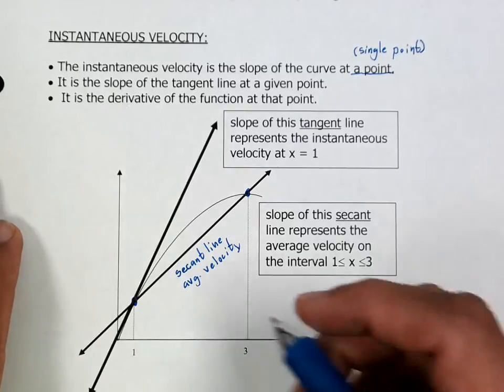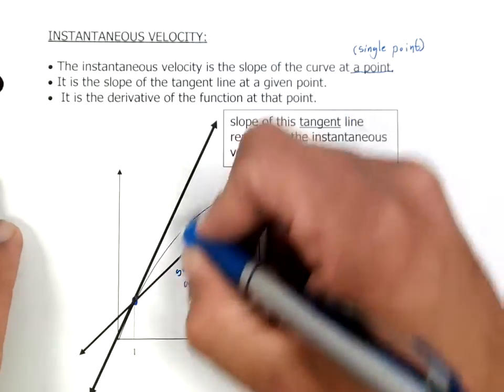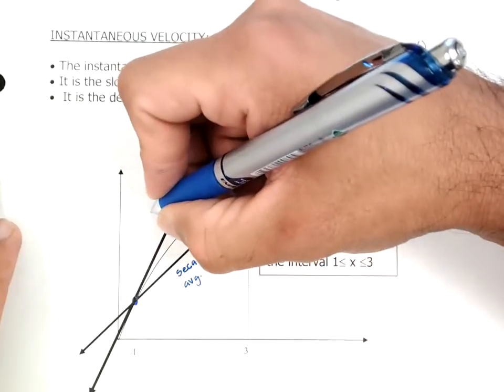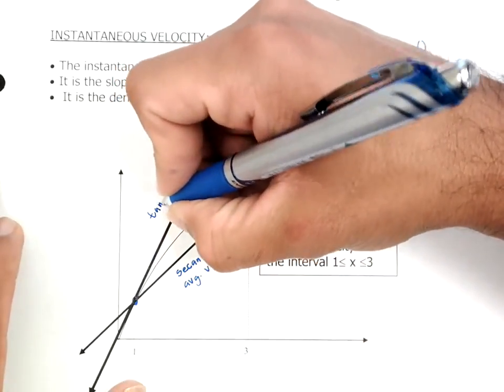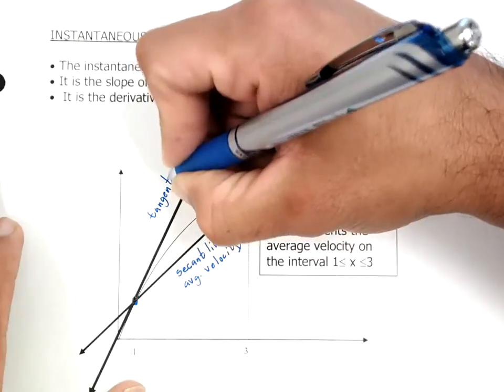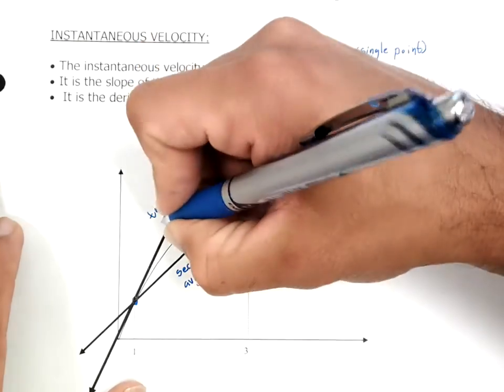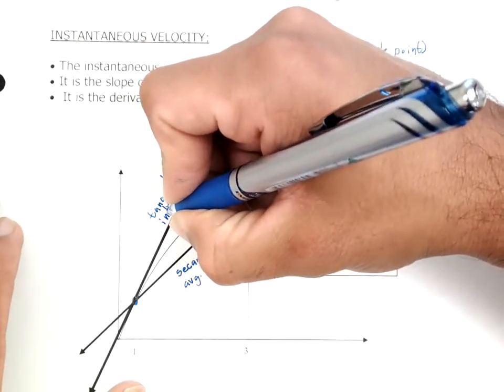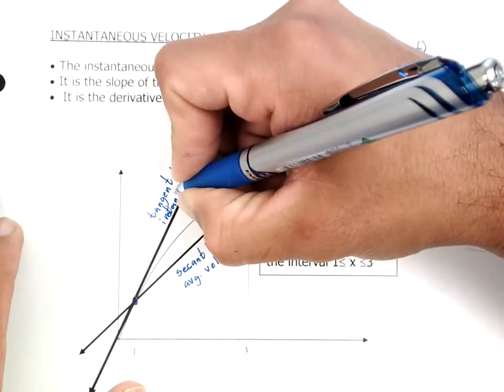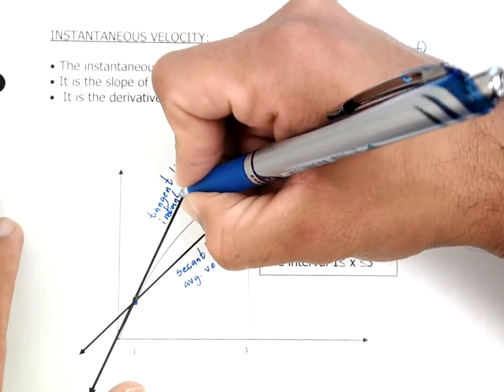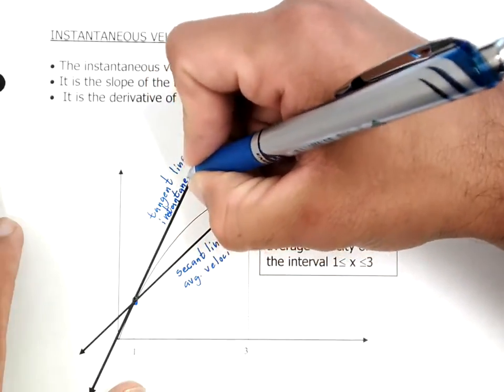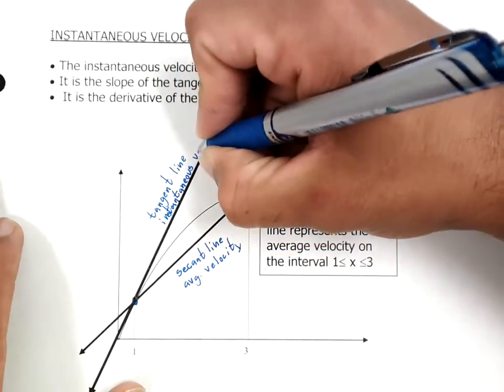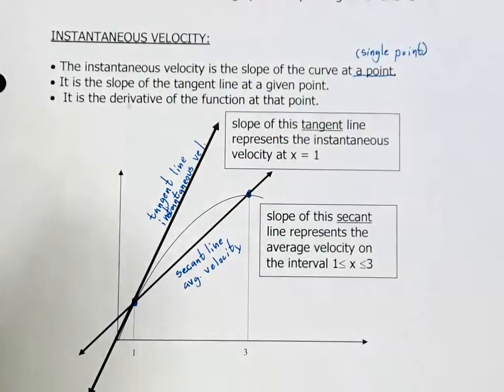So this line right here, which is the tangent line, describes the instantaneous velocity of the position function.